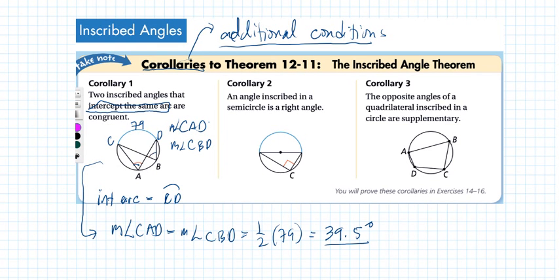Okay, second corollary. The angle inscribed in a semicircle, the keyword is semicircle, is a right angle. It is always how many? 90 degrees. Let's look at it. This is A, B. The size of arc AB is equal to 180, right?